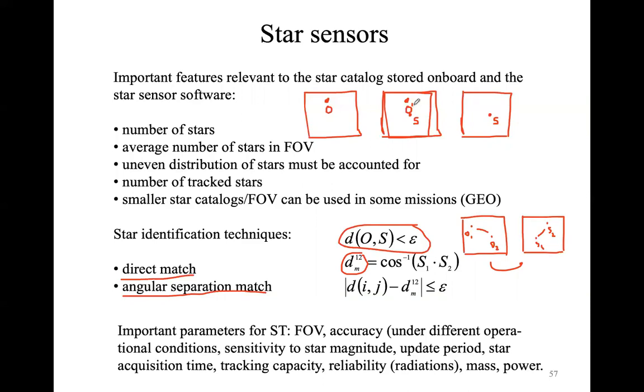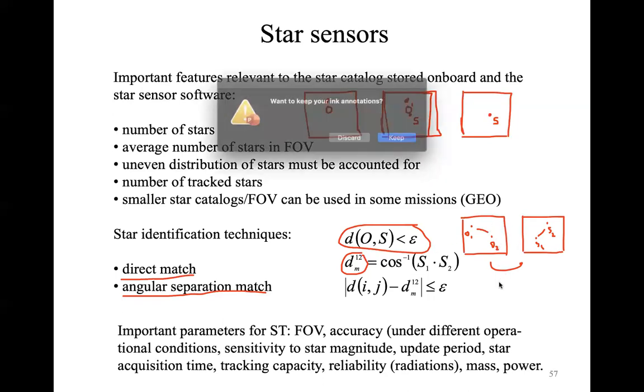Because in case of one single star, the ambiguity could be a serious problem. When you have multiple stars, or at least two, the relative configuration between the two stars is rare, and that's the reason why this is a good method.